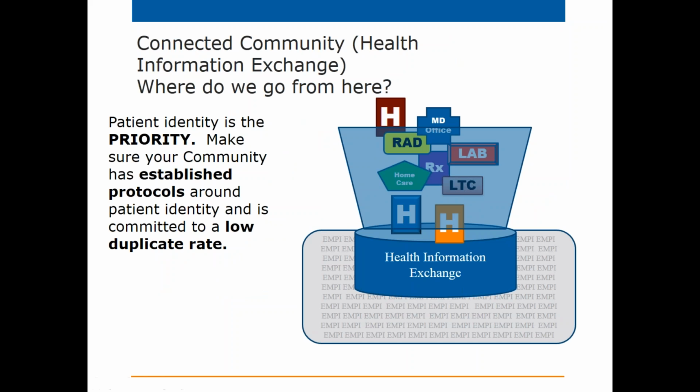Patient identity is the priority from a health exchange or connected community, right? So we're sending in a lot of information, and again, it starts with the person or the patient. They're the HIE themselves for all of their information across the community. So make sure your community has established protocols around patient identity and is committed to a low duplicate rate. We saw the 2% for ONC.